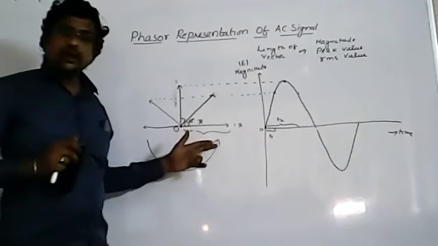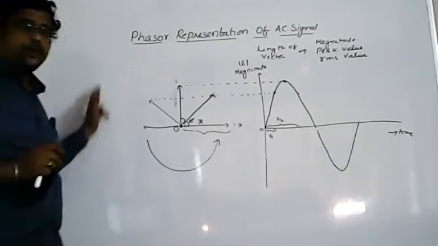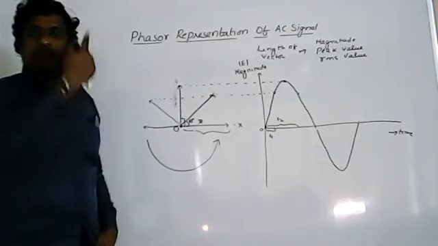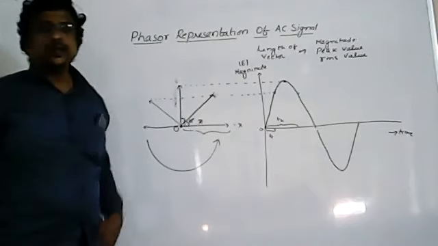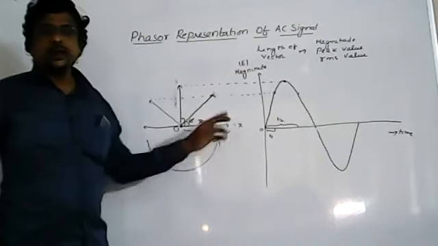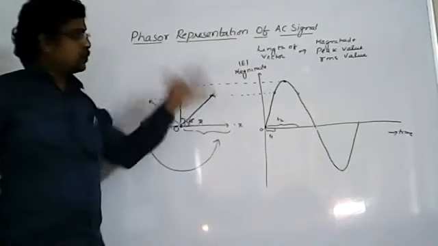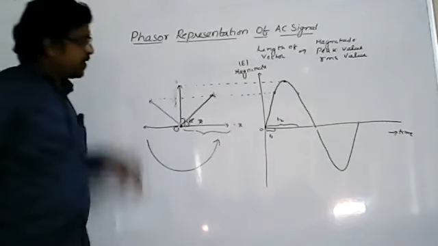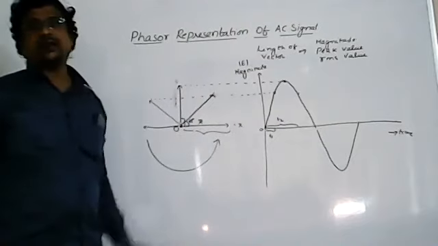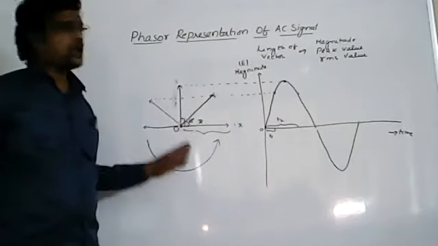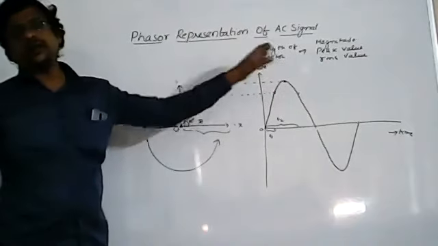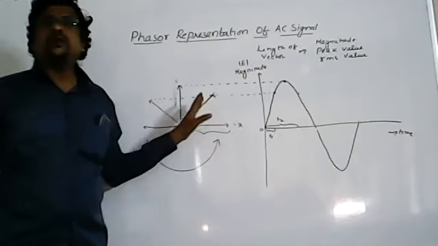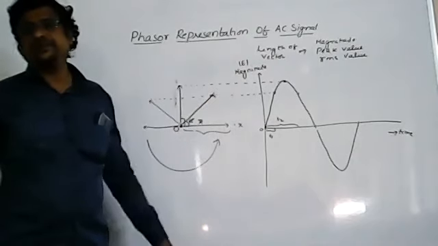When the rotating vector is made to rotate for a complete rotation of 360 degrees, then I will get one positive half cycle and one negative half cycle, together making one cycle. Likewise, if I continuously rotate the vector, you get a series of alternating positive and negative cycles. That represents what is called the phasor.